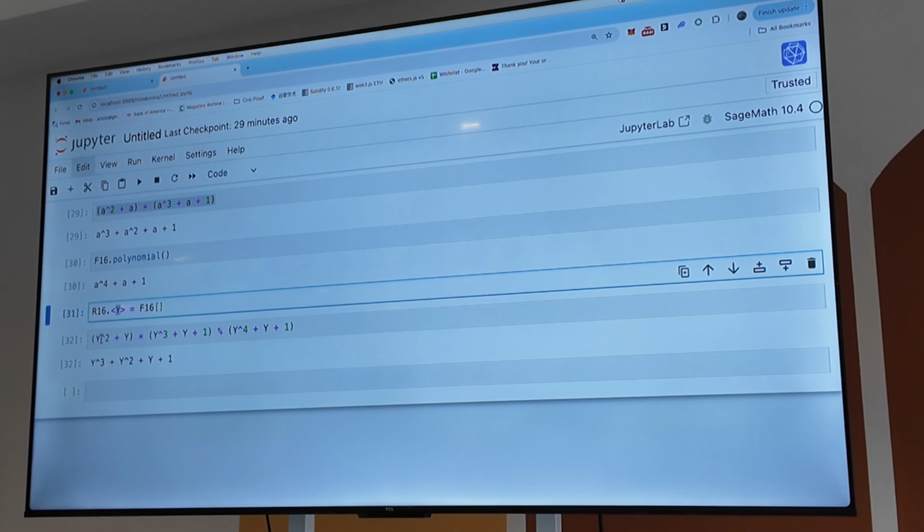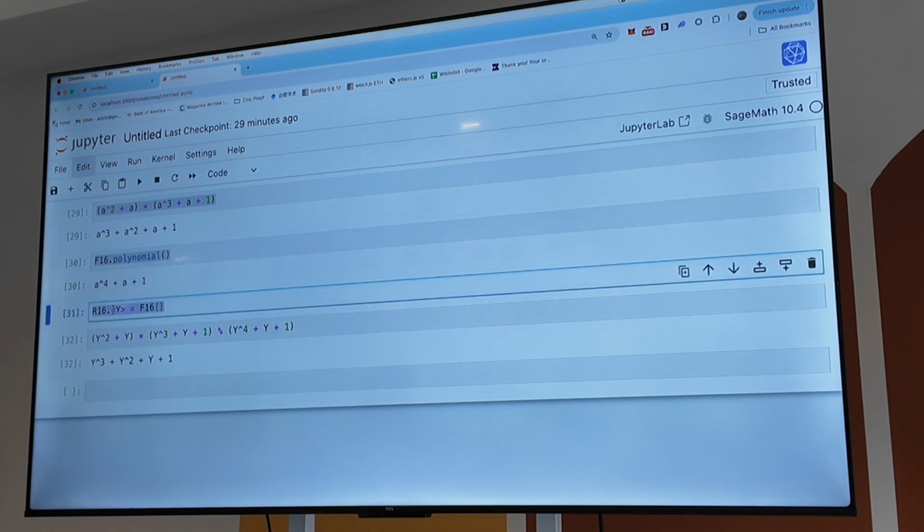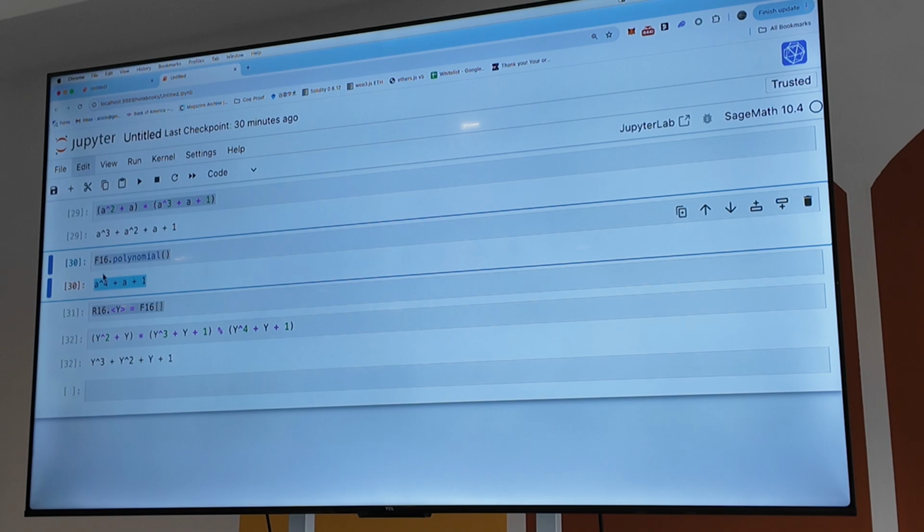My question is why, when I call F16 dot polynomial, the return is a polynomial like this. Why is this defined like this?